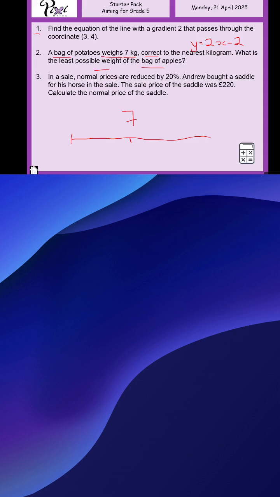Hopefully you're happy that the answer will actually be 6.5 kilograms. Because if I round 6.5 to the nearest whole number, the 5 rounds the 6 up to a 7, hence giving us that 7. And then the upper bound.